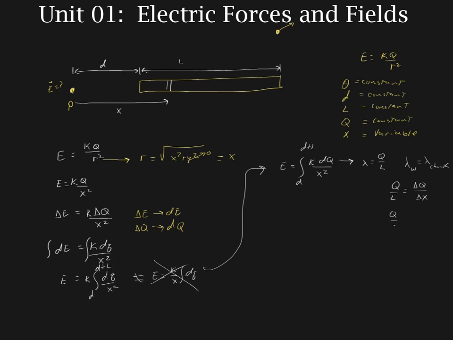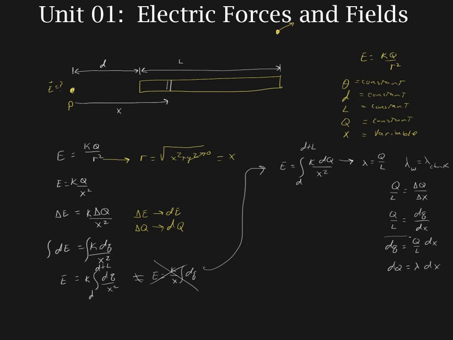So we get Q over L is equal to dQ/dx. Solving for dq, I get dq is equal to Q over L dx, but Q over L is just lambda. So you have a choice. You can write this as dq is equal to lambda dx, or you can write it as dq is equal to Q over L times dx.